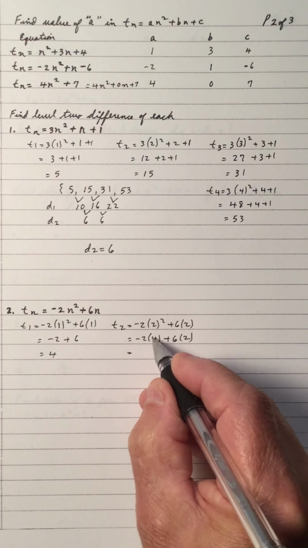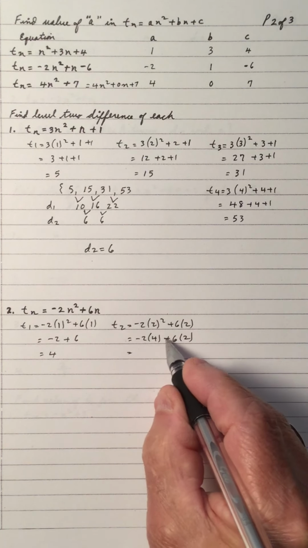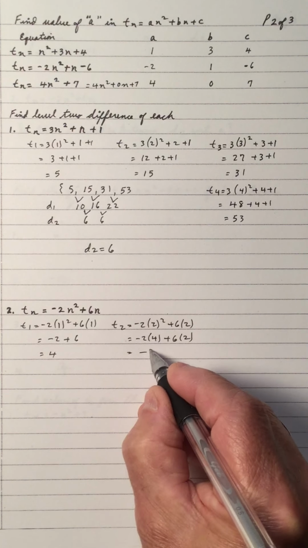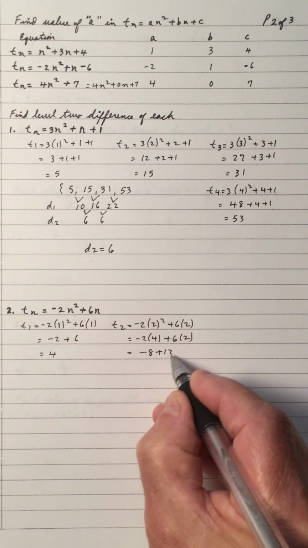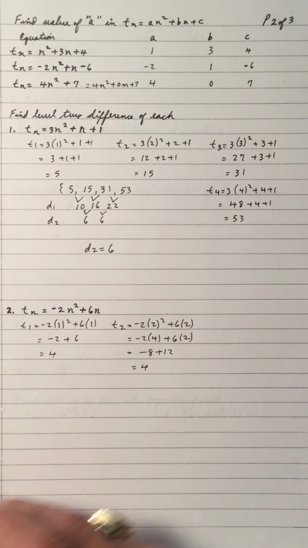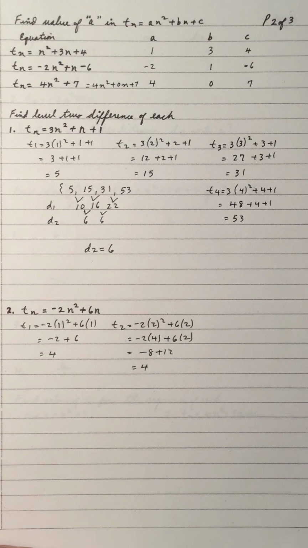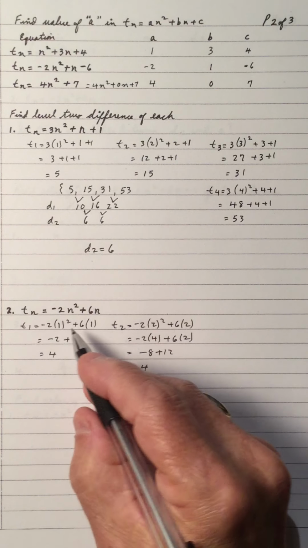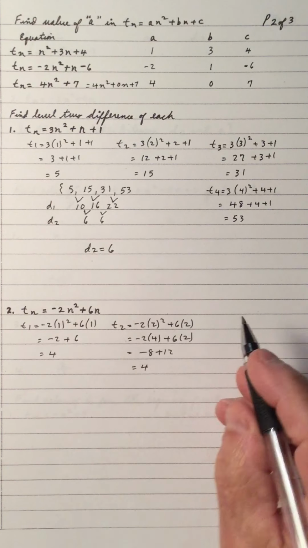I squared the 2 to get the 4. Now I'm multiplying both of these. I have to multiply before I add. Negative 8 plus 12, which is 4. And hopefully everything is working out. That looks okay.